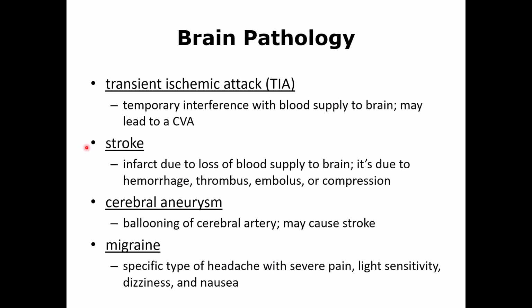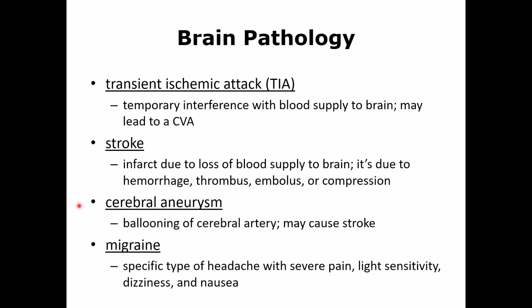Or sometimes, not that commonly, compression from outside structures, for example a tumor, abscess, or cyst, blocks the artery, and that may cause a stroke. So a stroke is usually irreversible, but TIA is reversible. That's the big difference.